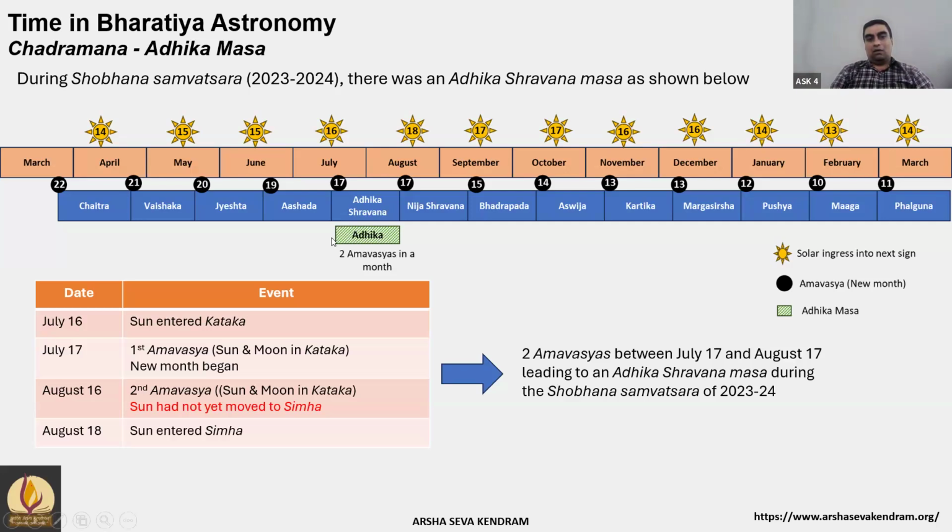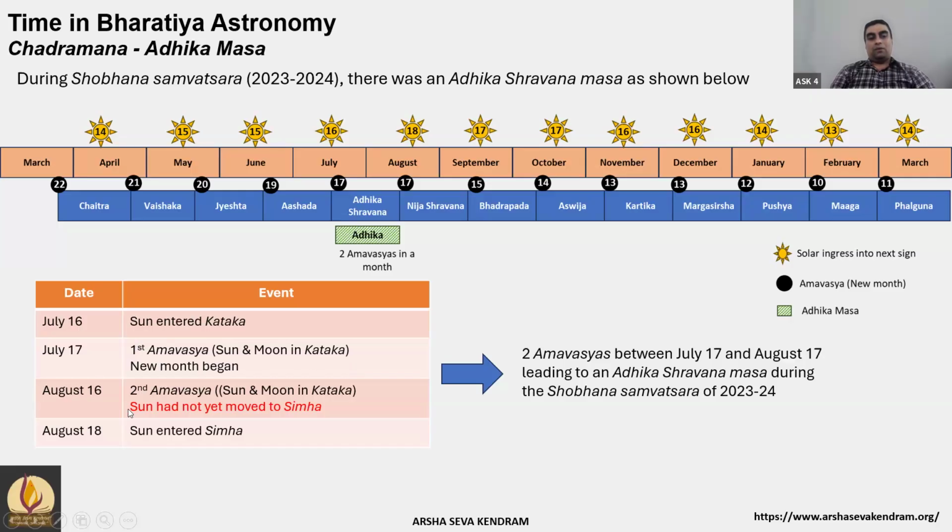However, when your Shravana Masa comes, which is July 16th, your sun entered a particular sign, which is Kataka, right? Now, on July 17th, the sun and the moon are joining in Kataka to provide an Amavasya, and that is when the month begins, because the month always begins on Amavasya.